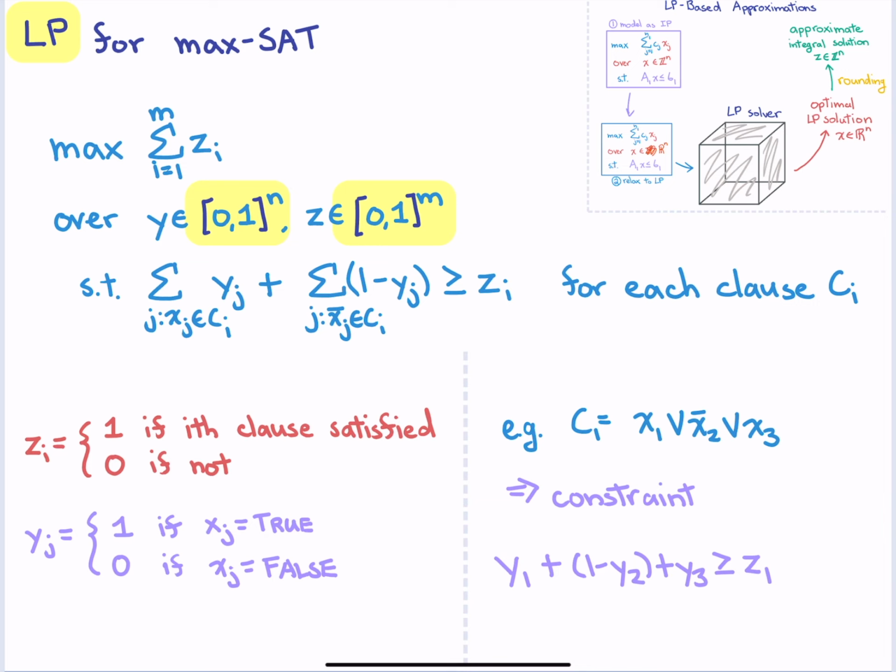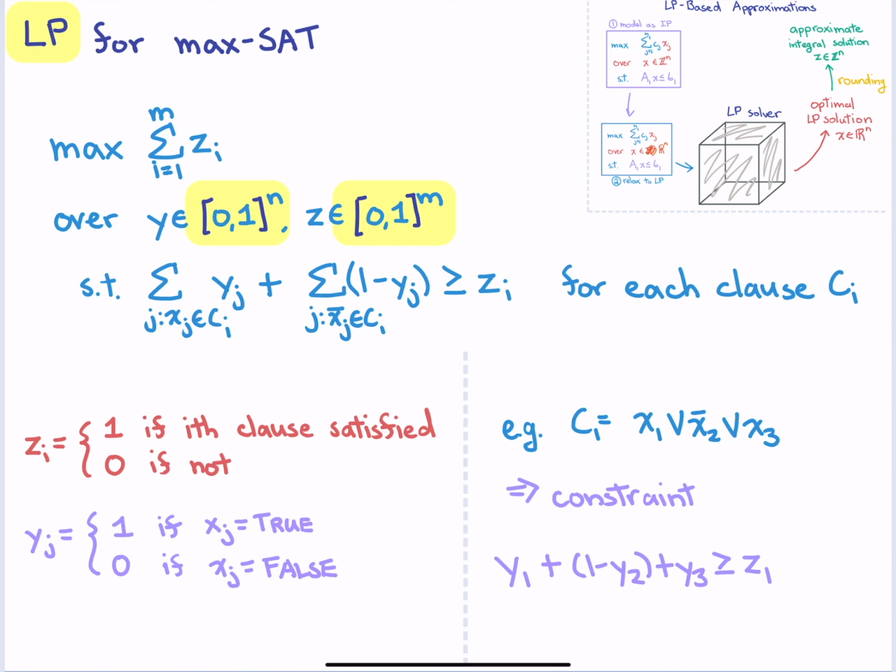So the only difference highlighted is that what used to be the curly brace is now a square bracket because it's allowed to take continuous values. So now you can satisfy a clause by setting x1 to be half true and x2 to be half true or something, right? 0.5, 0.5, something like that.